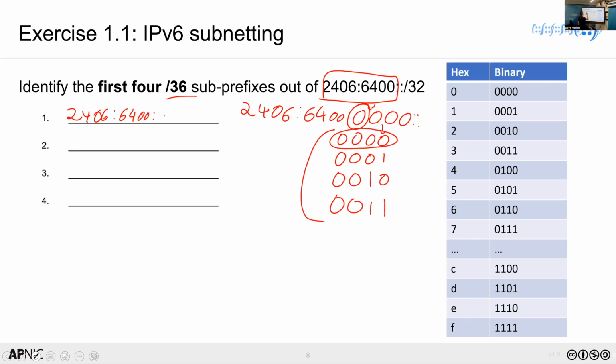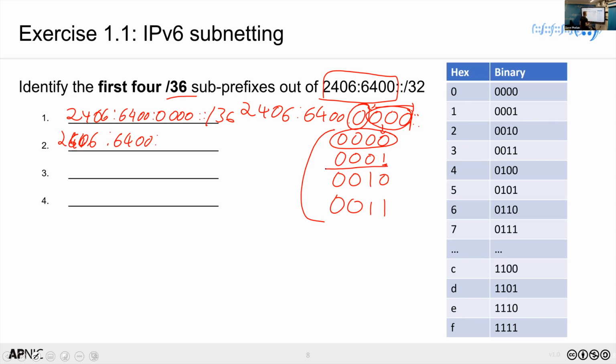0 in binary is still 0 in hex. But don't forget about the rest. We have to work down to our next hextet boundary. So we have to work all the way down to here. I've still got 3 zeros that are unchanged: 0, 0, 0 /36. For our second one, it's going to be 2406:6400, and then our second one.